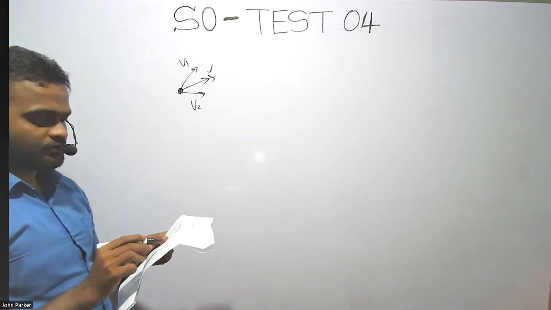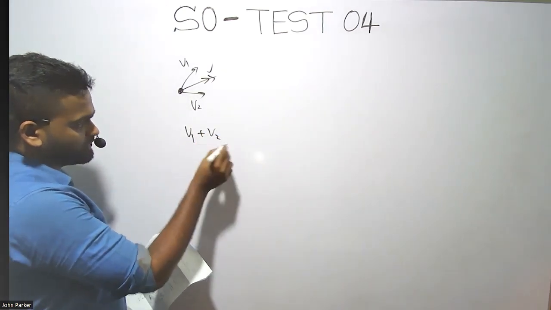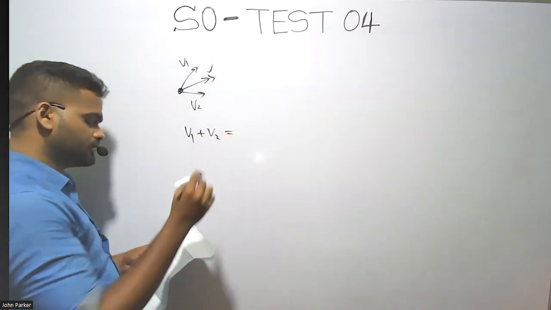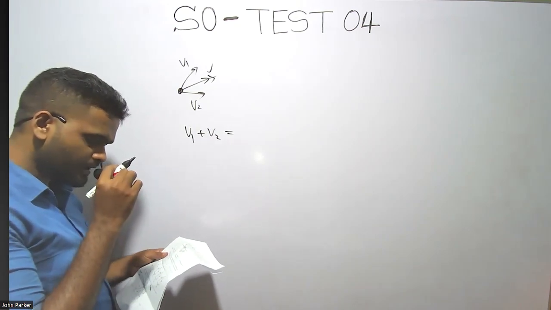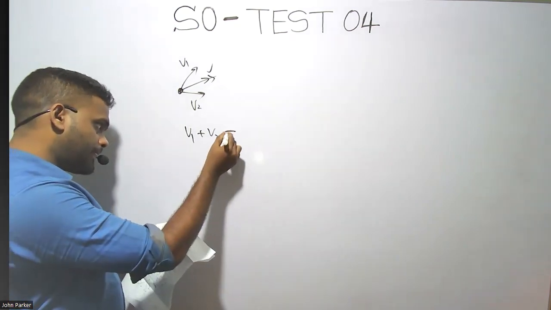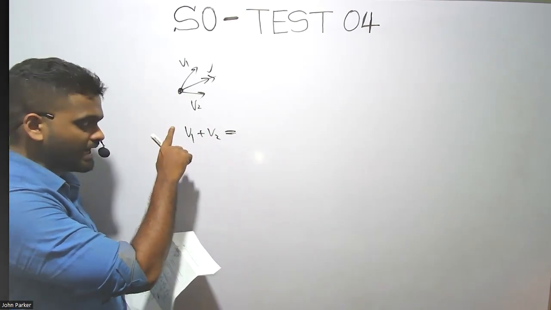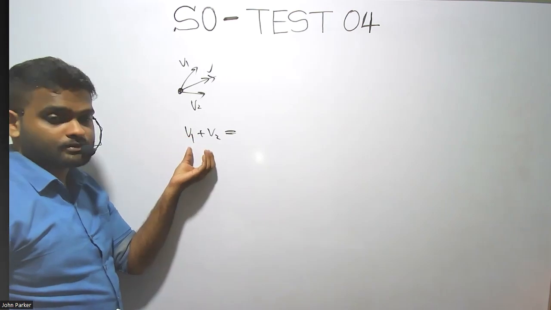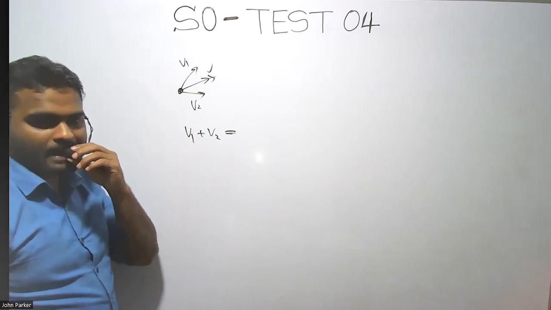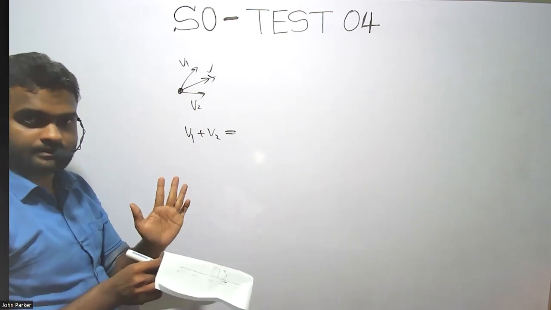Then there's a sum of the magnitudes of them. Let's say those are v1 and v2. Then the sum of those is not the vector sum, addition of vectors, but this is the magnitudes, right? When they say magnitudes, they can be added simply, but vectors simply cannot be added.